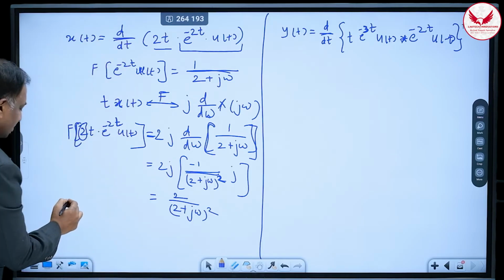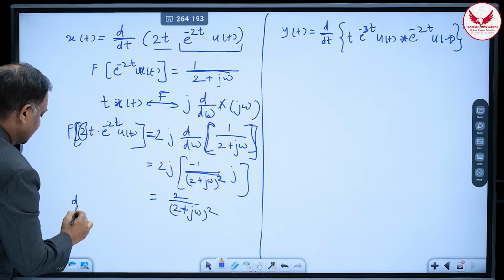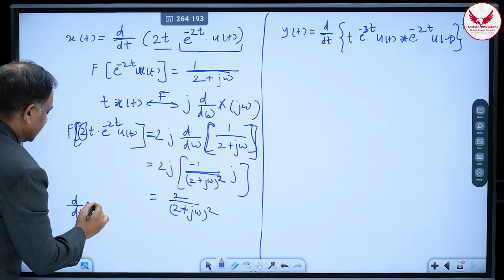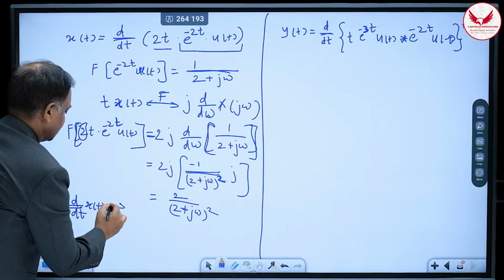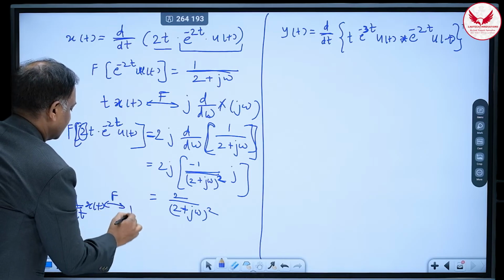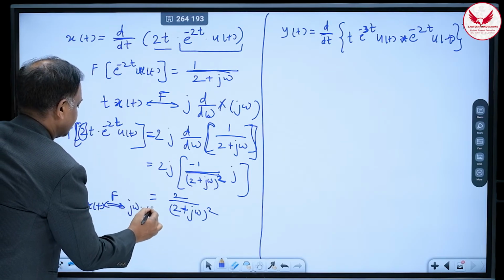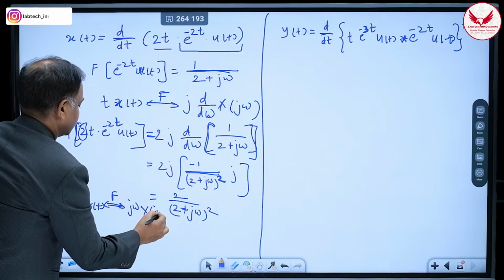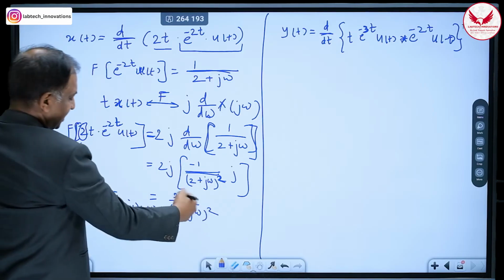Now the third property is d by dt of this signal. We know the derivative d by dt of x of t is equal to j omega into x of j omega. Now this is x of j omega.